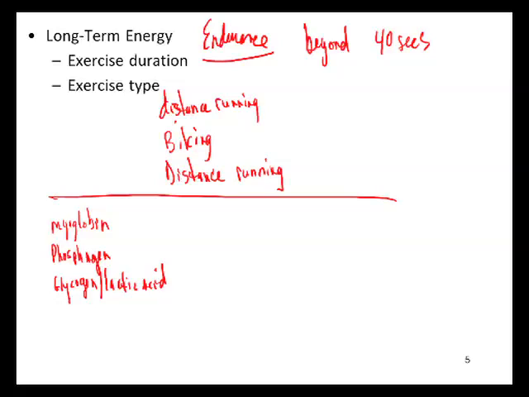And then we get into aerobic respiration, which would include the matrix reactions, which remember include the oxidation of pyruvic acid, where it goes from pyruvic acid to acetic acid. Remember that? Then it becomes acetyl-CoA. Then acetyl-CoA goes into the citric acid cycle.